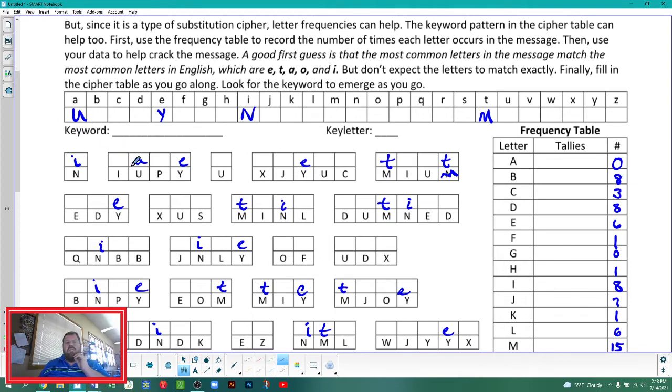Now I'm going to go find all my U's and put A's above them. So I'm going to find my U's and put A's above them. Find my U's. There's quite a few of them. Find all my U's and put A's.